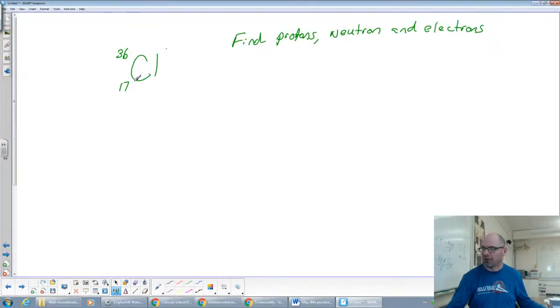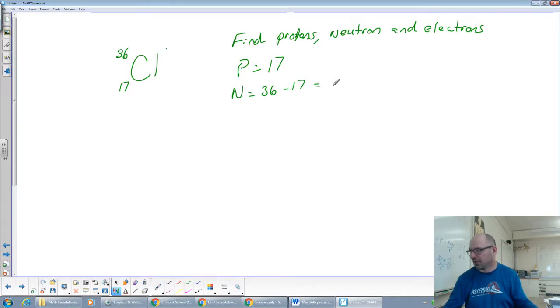Obviously protons equals 17. Neutrons is going to equal 36 minus 17, this number minus this number. If we do the subtraction, that would be 19, so we have 19 neutrons.